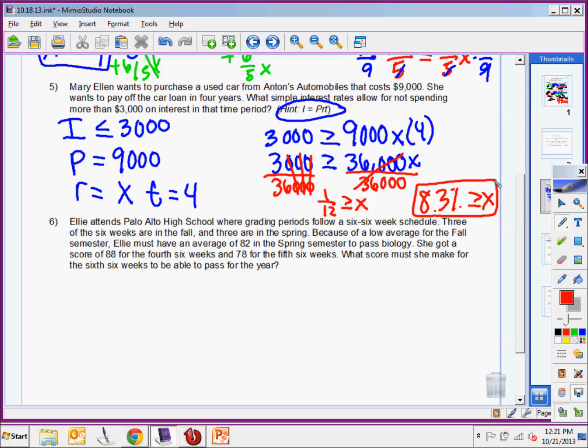So she's going to pay a total of $12,000 for a car that's only worth $9,000, and that's going to depreciate over time. That's why it's better to pay for the whole car if you can, or get a shorter amount of time. So over 4 years, every year she has to pay $3,000, and divide that by 12, and that's her monthly car payment.